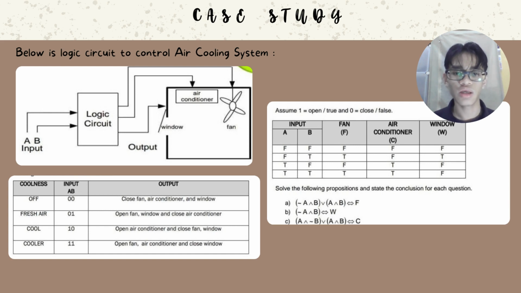If A is true and B is false, fan will become false, air conditioner will become true, and window will become false. If both of them are true, the fan is true, air conditioner is true, but window will become false.